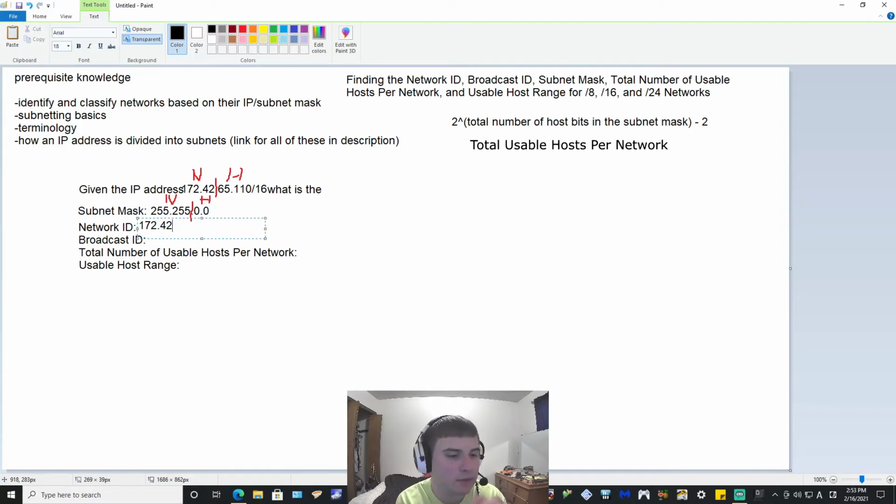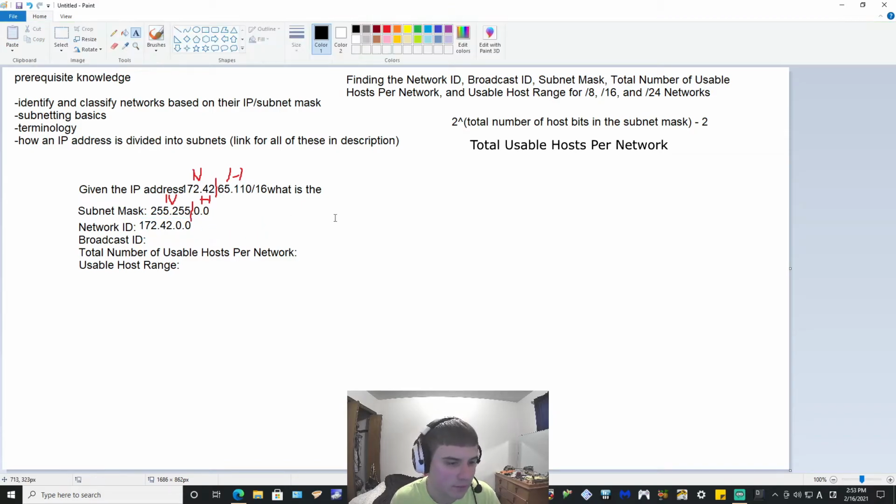And now we see that there's a 0 at the end of our two remaining octets, our host octets. So for our network ID, those are all going to be zeros. The 255s don't change in relation to the IP address, and whatever the last two numbers are, the 65.110, they just become zeros for the network ID. All right.